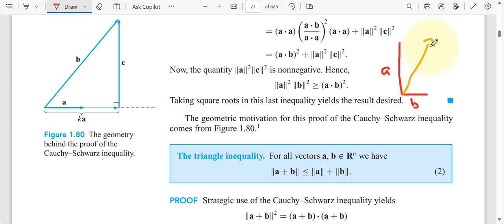So here we have A and B, and here's A plus B, and this is all in 2 dimensions. All this is saying is that if we take the length of the orange one, which means the length of A plus B, it's going to be less than or equal to the length of A plus the length of B. I think everybody knows that.